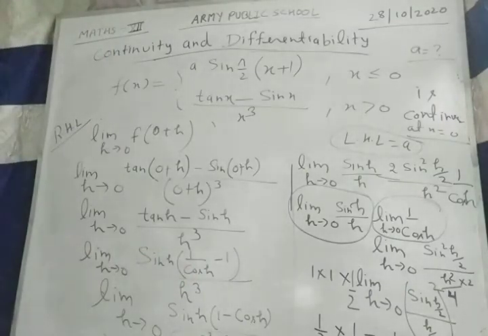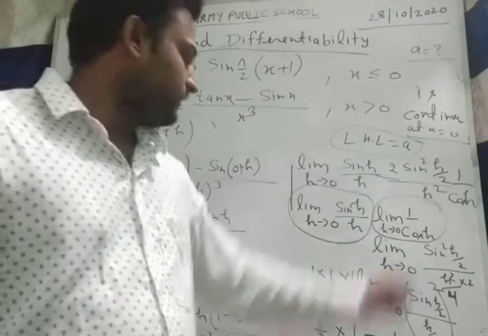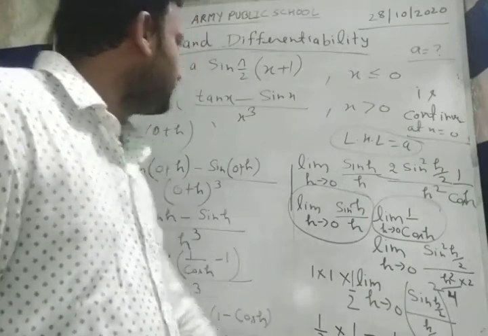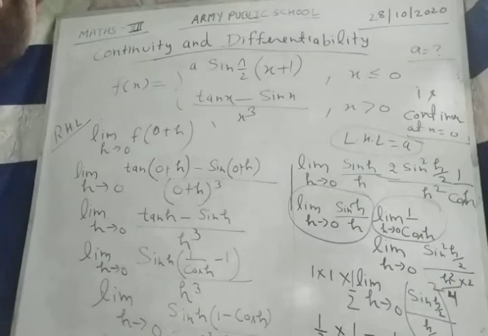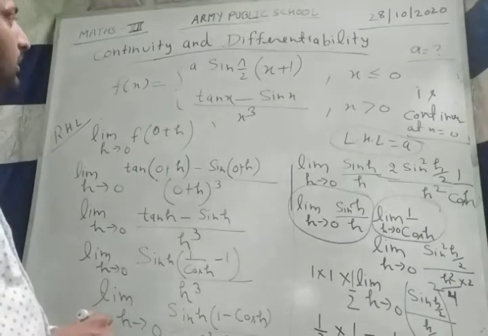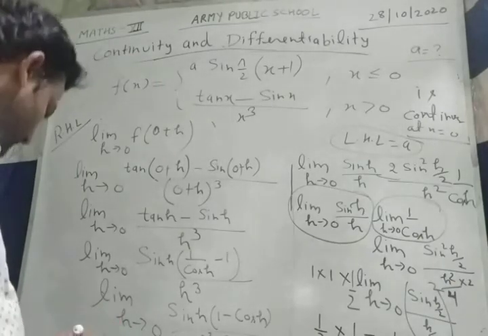So left hand limit is a and right hand limit is this, and the value of the function is a.